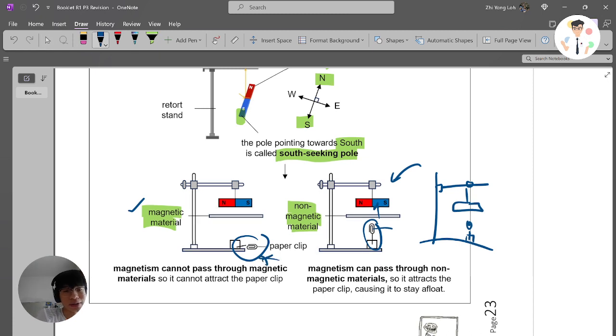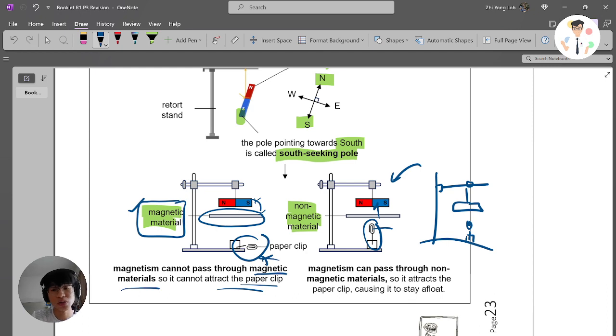It is because of the magnetic material, and this magnetism, which is a force of attraction or repulsion, cannot pass through the magnetic material because it blocks it. This is already connected, attracted to each other already. That's why it cannot attract the paper clip. Whereas non-magnetic materials are just there, but they do not affect anything.